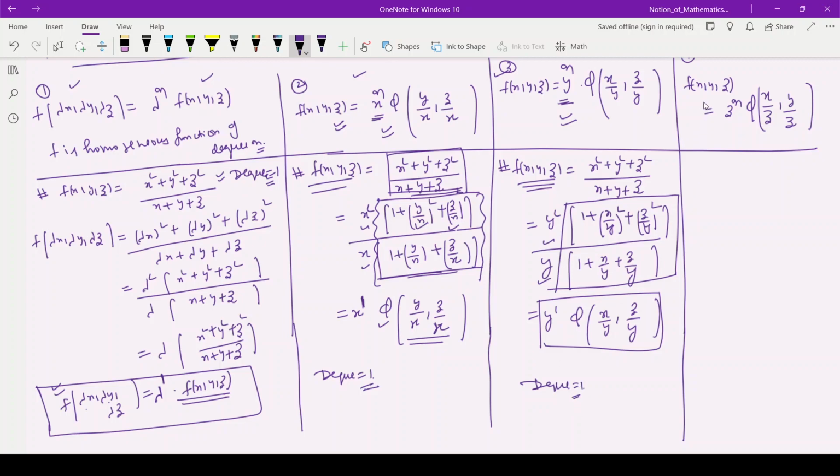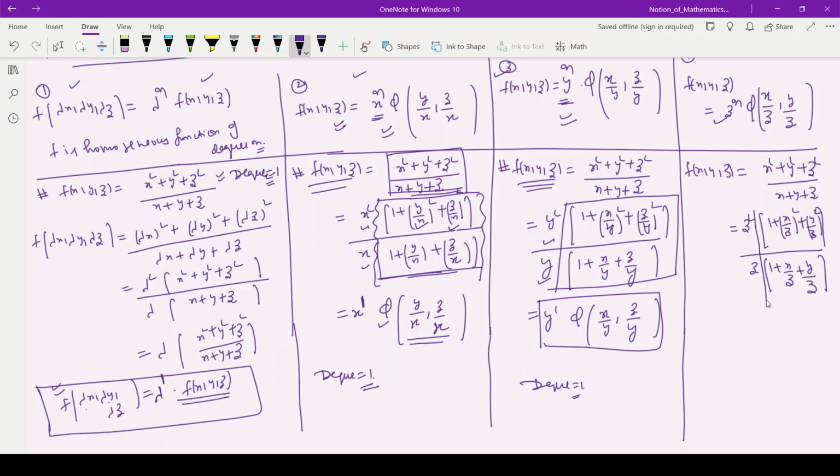And the last property is where we have to take the maximum possible power of z common. The same example is there: (x square plus y square plus z square) upon (x plus y plus z). I will be taking the maximum possible power of z common from the numerator and from the denominator. So it is 1 plus (x upon z) whole square plus (y upon z) whole square, and here it is 1 plus x upon z plus y upon z.